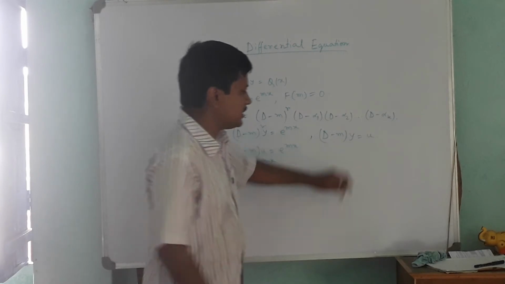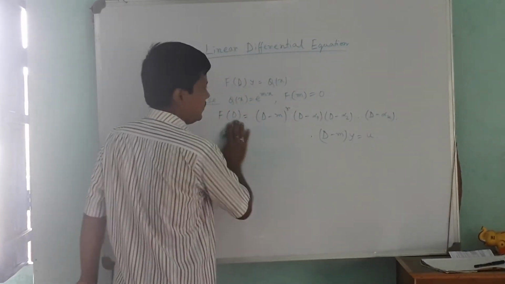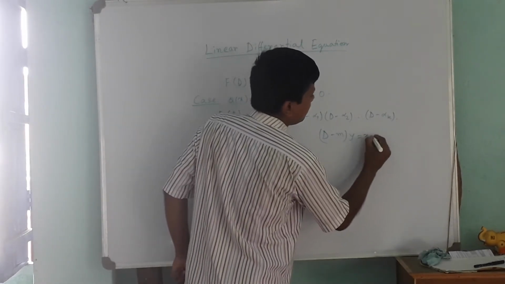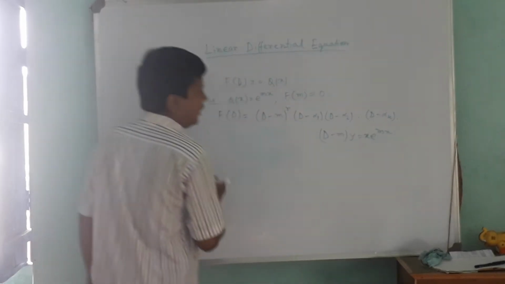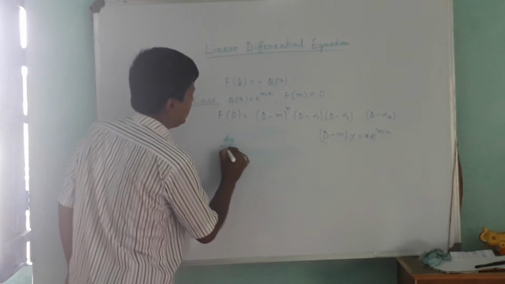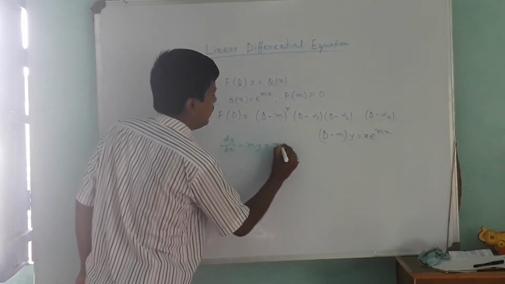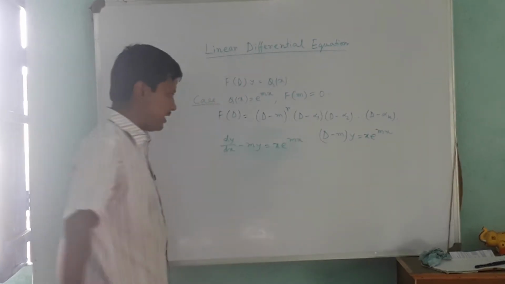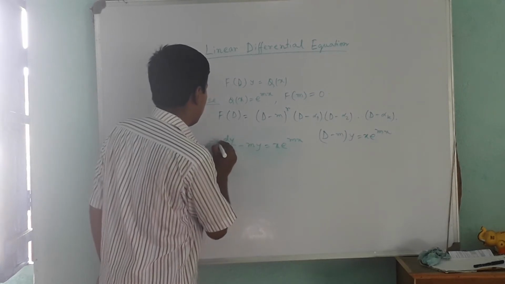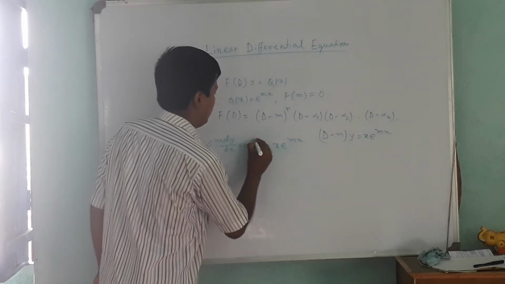So from this relation we get (D - m)y = x e^(mx). Now for this differential equation, we get dy/dx - my = x e^(mx). Now we need to multiply both sides by e^(-mx).